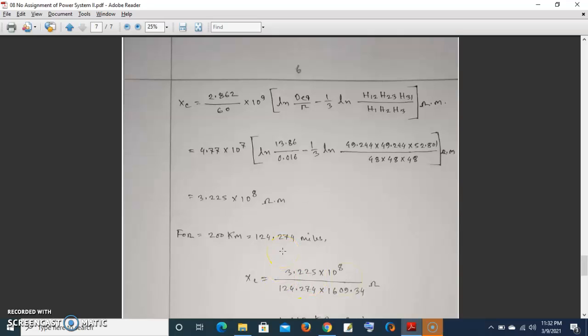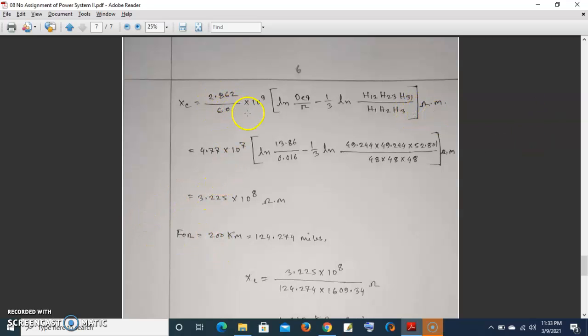Now the final capacitive reactance equals 2.862 divided by 60, the frequency in Hertz, into 10 to the power 9 into ln DEQ by R minus 1 by 3 ln H12 H23 H31 divided by H1 H2 H3 ohm meter.